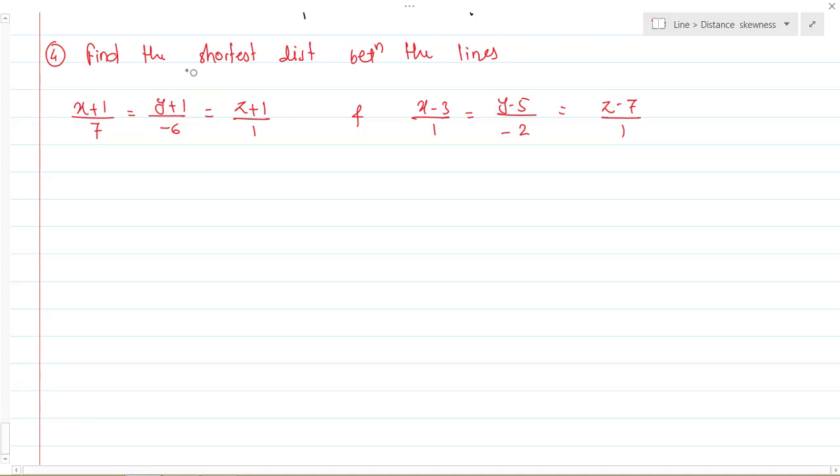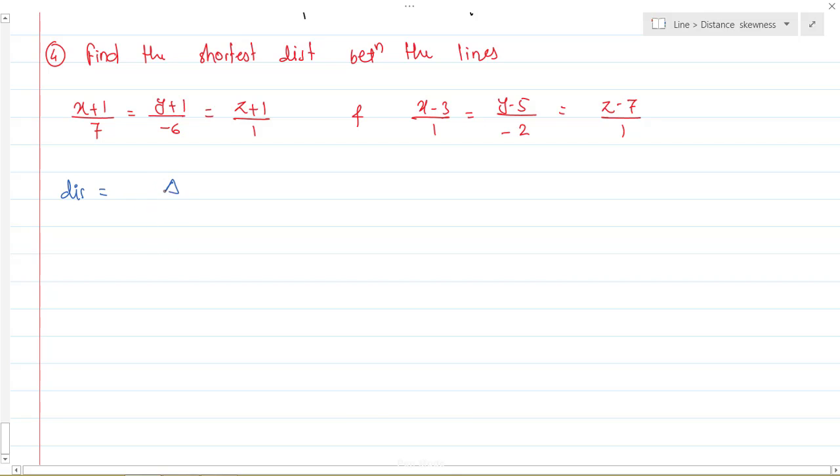So the distance is equal to del divided by the denominator part, which is a very huge part. Let me write it once for you.